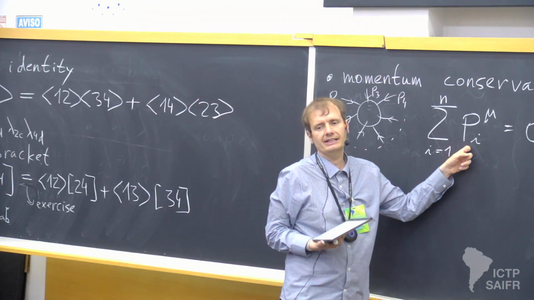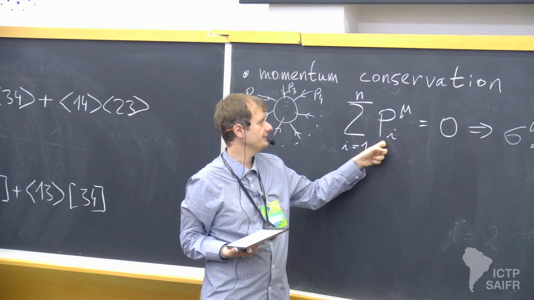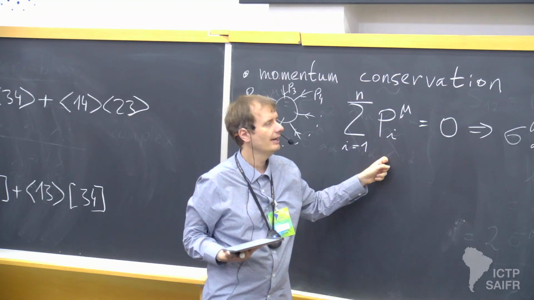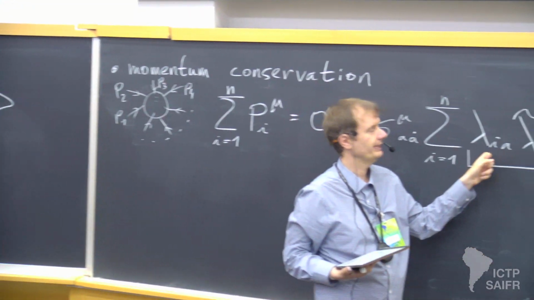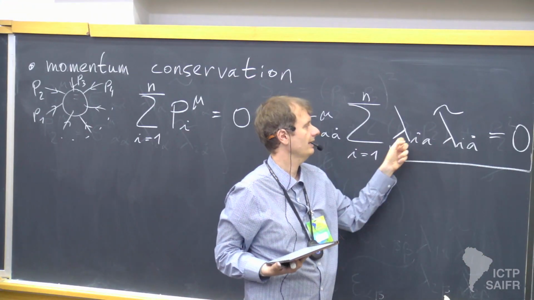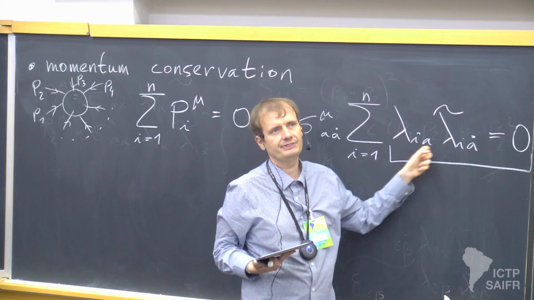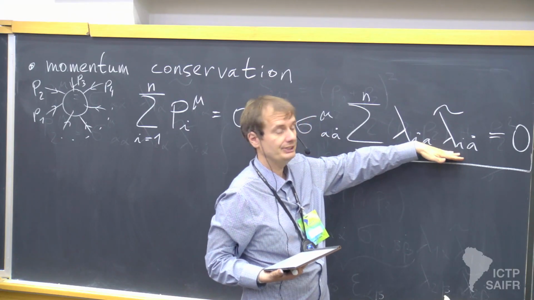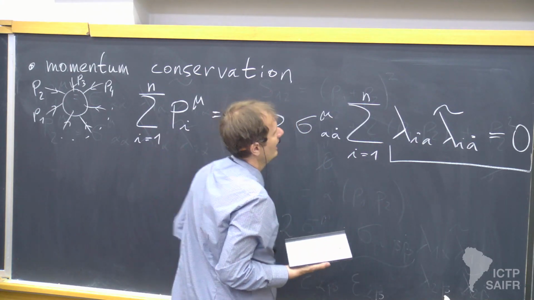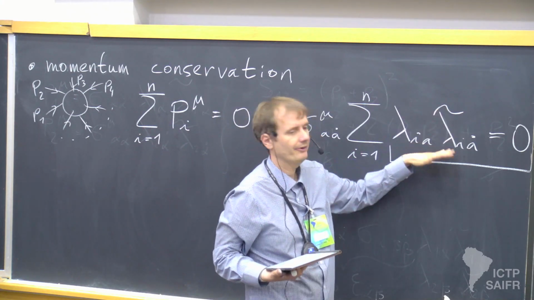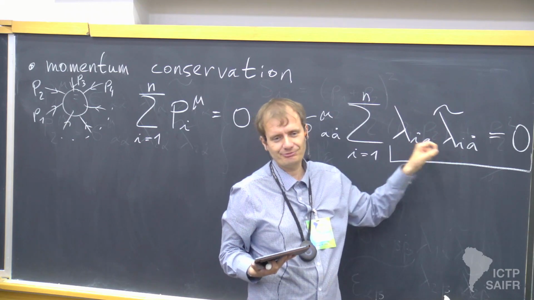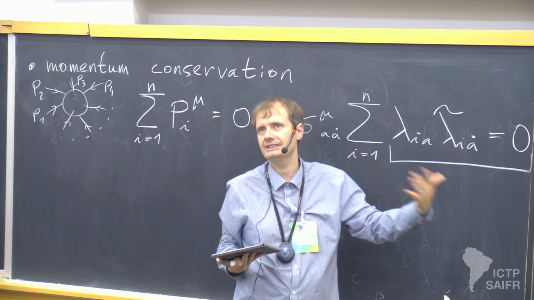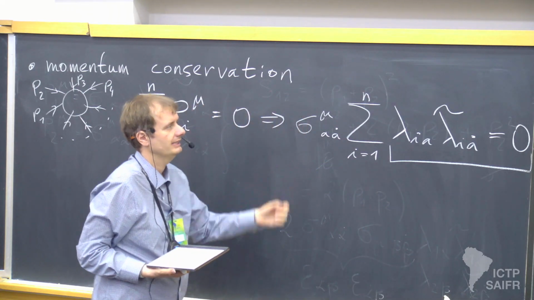In original momenta, this relation was easy because we can just express p_n in terms of p_1 up to p_{n-1}. But here the condition is more complicated because it relates lambda and lambda tilde for different indices. These are 4 conditions. You can choose some 4 independent conditions and remove some of the lambda, lambda tilde, expressing them in terms of the others, but it's more complicated.